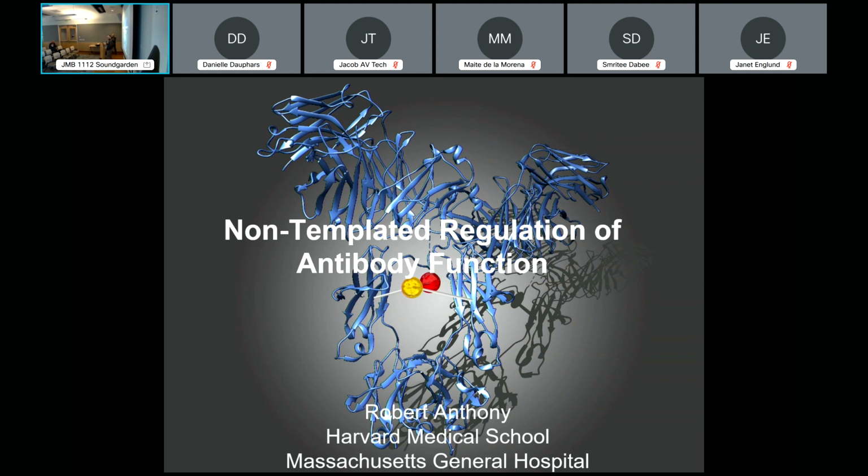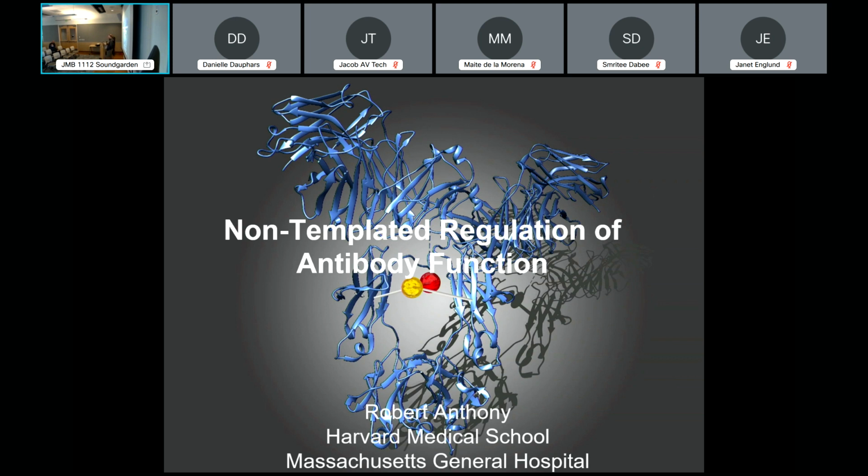So IVIG is something we use here in primary immune deficiencies for immunoglobulin replacement, but in rheumatology and other fields, we use it for the immune suppressive qualities. And that was not an appreciated mechanism. We really didn't know how it worked. And so the sialylation, I think, was a really great discovery.